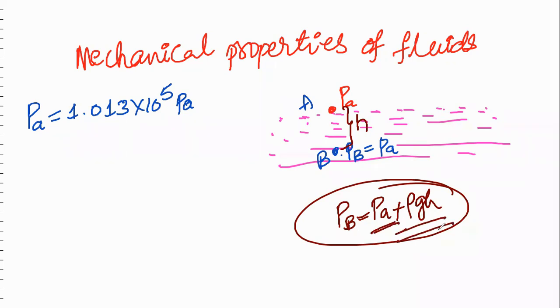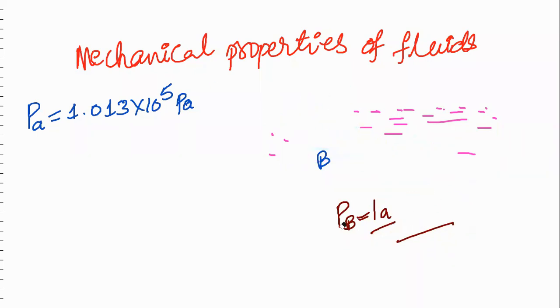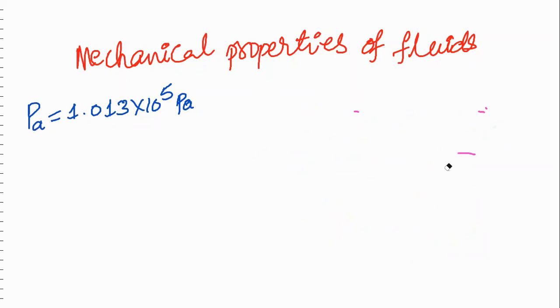Rho GH is called the gauge pressure, the pressure that arises due to the liquid column.